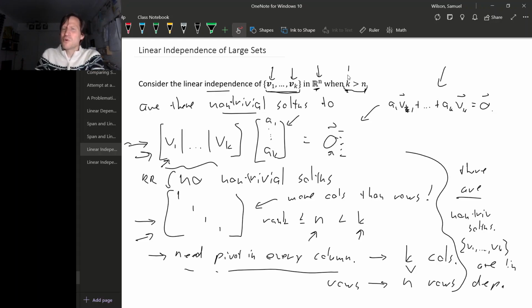Well, if you have more vectors than you have dimensions in your space, then of course one of them has to be redundant, right? If we have Rn, we're used to thinking that n vectors should fill up the space, and if you have more than that, then one of them has to be redundant. So this is pretty intuitive.